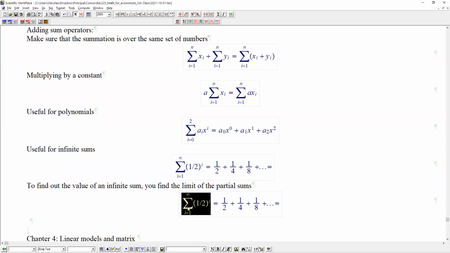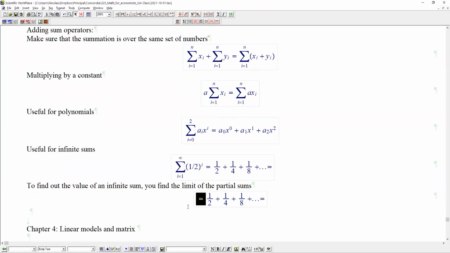So a partial sum would be one half, and then the partial sum is 1/2 plus 1/4. What is it? Oh yeah, I've got the right answer there. So it's 3/4. Then plus 1/8, it's 7/8. And then it's 15/16.